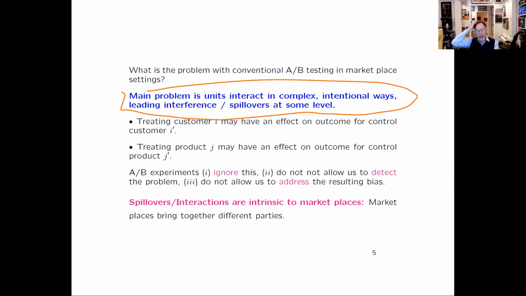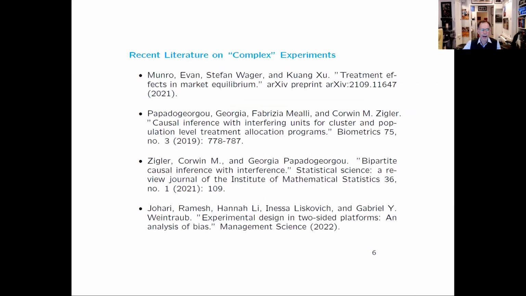So what we're trying to do here is come up with experimental designs for this type of interference, where we have a marketplace with two sides, and improve on the experimental designs that just randomize one side of the market. There's a sense in which it fits in with a very small but very recent literature, where people are also doing more complex experimentation to take account of the type of interference that comes up in tech companies and in marketplaces.